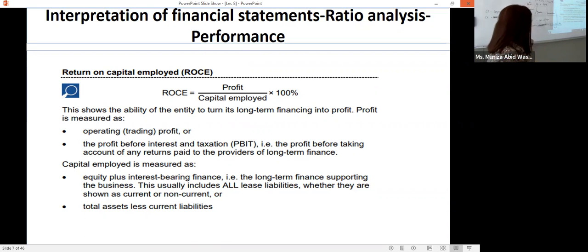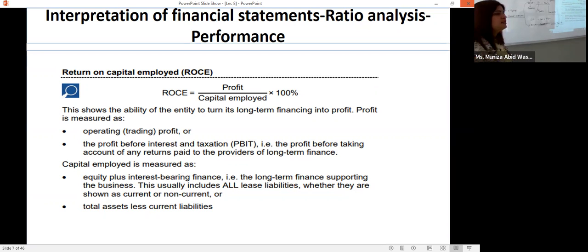Anyhow, this shows the ability of the entity to turn its long-term financing into profit. And what is long-term financing? Long-term liabilities plus equity. Profit is measured as operating profit, or the profit before interest and tax, that is profit before taking account of any returns paid to the providers of the long-term finance.